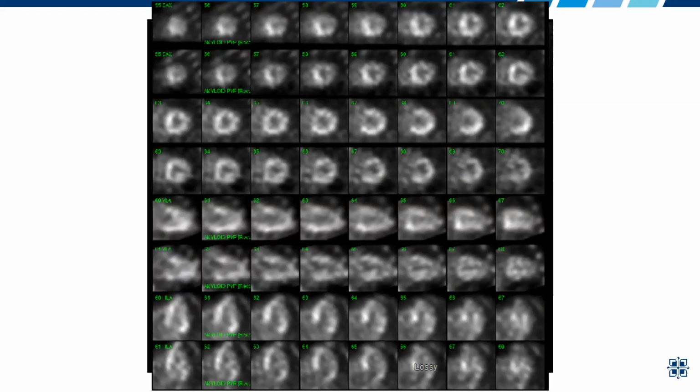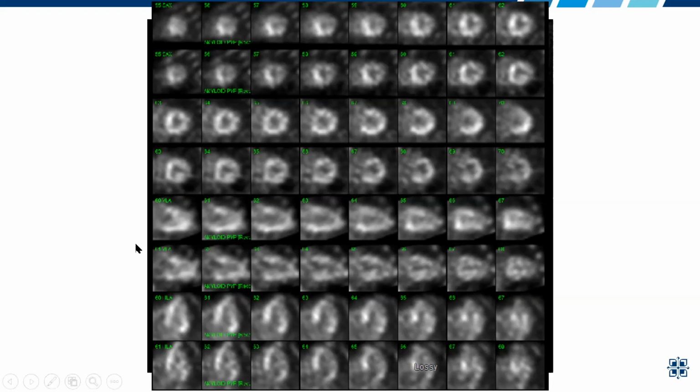If you don't see great differentiation between the blood pool and the myocardium, that could be that it's a negative study, but it is very important that you are able to scroll through the slices, look at the rotating images, and really do the best to line it up.